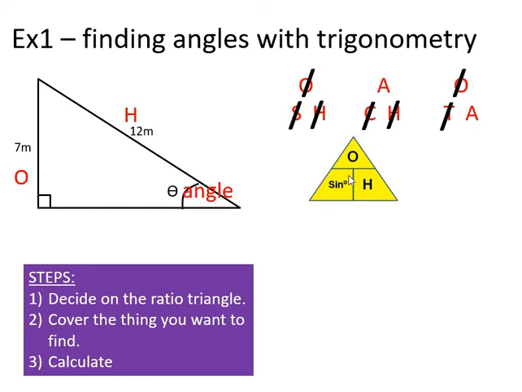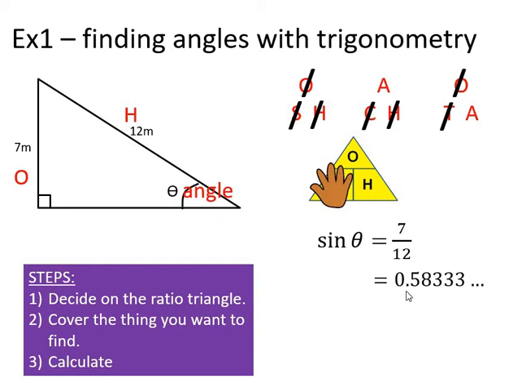Now, in this lesson, we want to find the angles. So we're going to be covering up the sine part of the formula triangle. What this means is that sine theta, so sine of this angle, is equal to the opposite over the hypotenuse, the 7 over 12. So you might type that into your calculator and say, okay, well, the answer to this question is 0.58333 recurring. And you might round that to 0.58, because that is what 7 divided by 12 is.